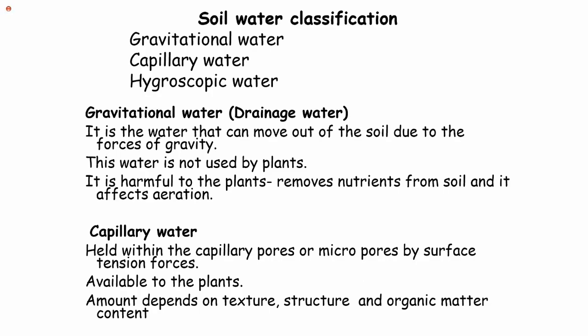For example, if you take platy structure, it is like wafers, so there is very little chance of capillary pores, and in a columnar structure, again, they are very tightly held, and the proportion of capillary pores is less. So granular structure, and also to some extent the cubic structure, have more capillary water compared to other types of structure. And what about the organic matter content?